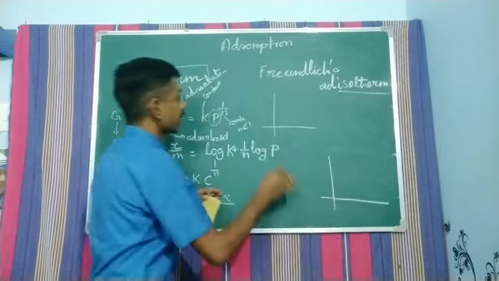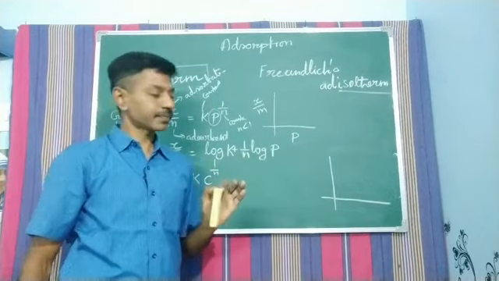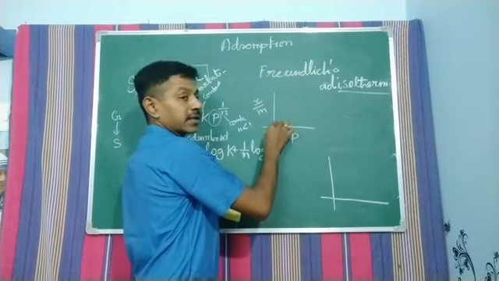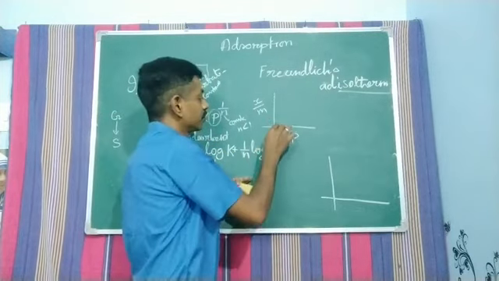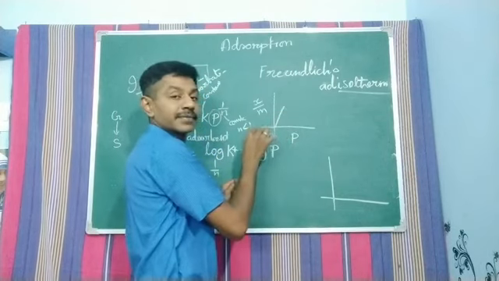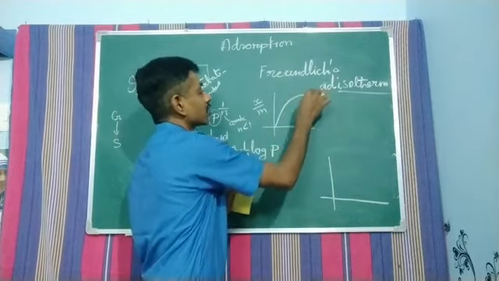In the y-axis, he is going to take x by m, and in the x-axis he is going to take the pressure, with an increasing trend in pressure. In the beginning, when the pressure is low, the adsorption is very low, and when pressure increases, the adsorption increases. After some time, it remains constant.